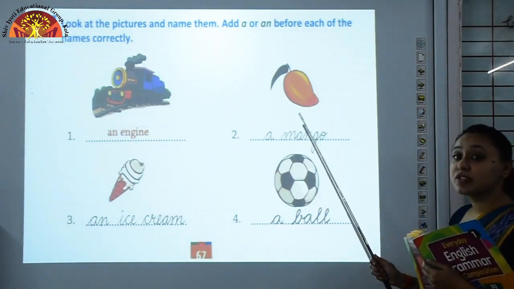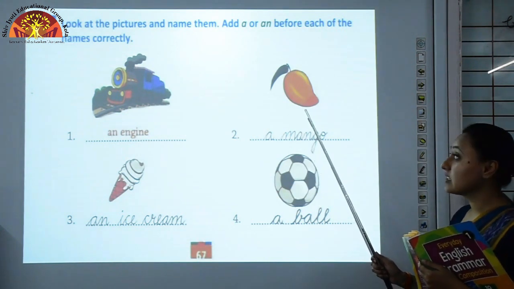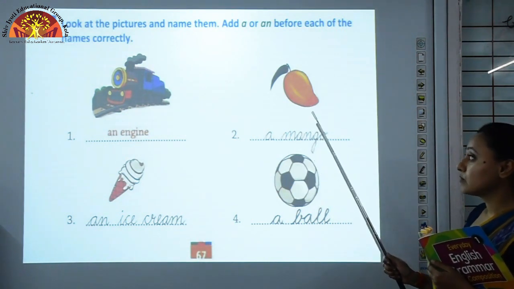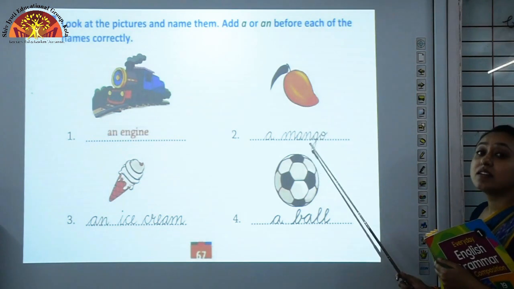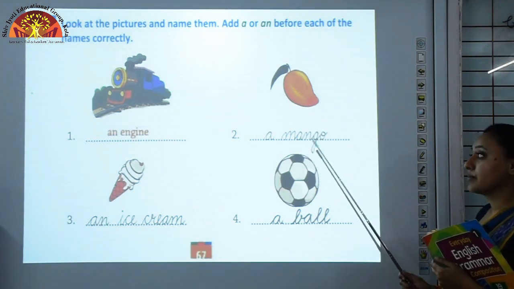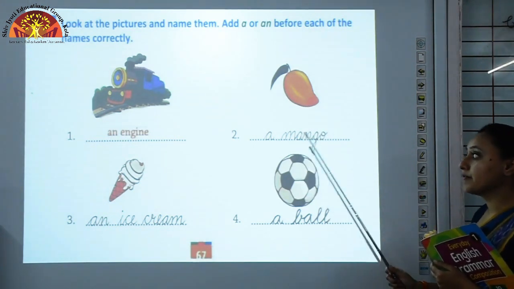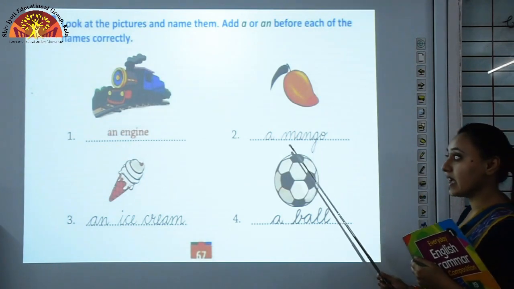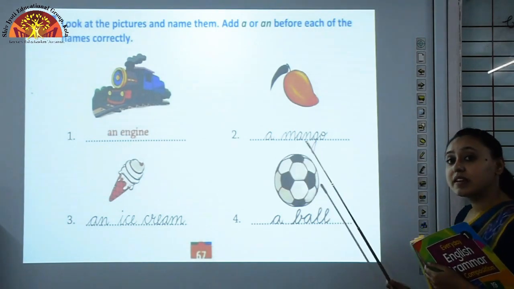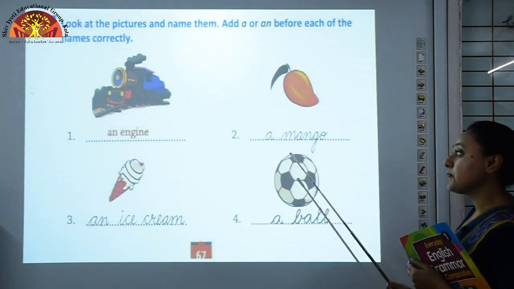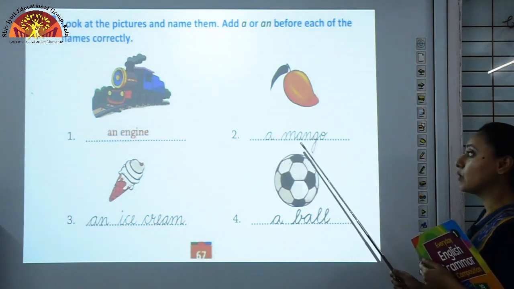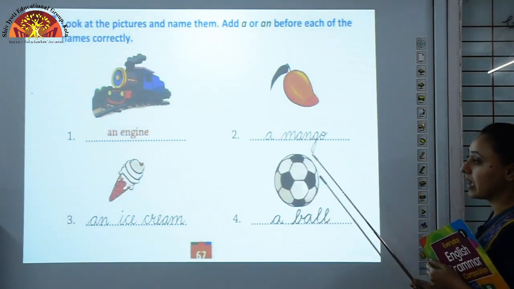This is the picture of a mango, very tasty, very sweet mango. Mango is a consonant sound word, so we will add A before mango because we add A before a consonant sound word. So, a mango, M-A-N-G-O, mango.